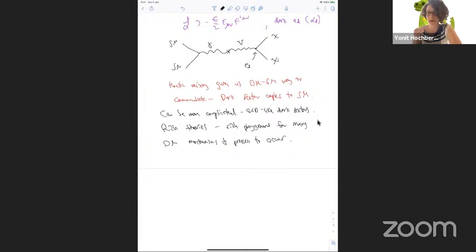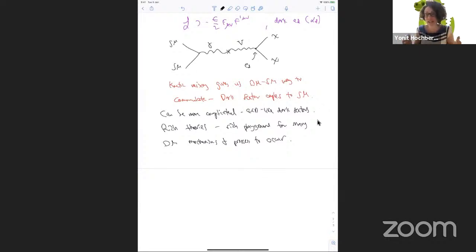Anytime you write down a particular model, as I was mentioning yesterday when we talked about the WIMP-SIMP-ELDR phase diagram, it's very often the case that you write down your Lagrangian, your particle content, your symmetry structure, and then you work out what all the processes are that are relevant.